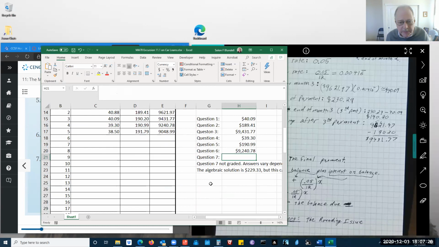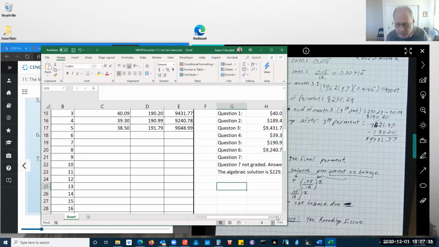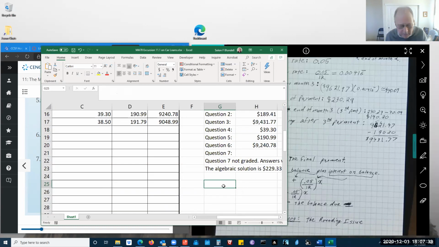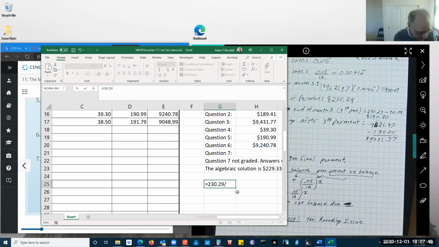I'm going to do this in the spreadsheet. I'm going to do 230.29 divided by, and all the parentheses matter. So I want the 0.05 over 12 to be worked out.